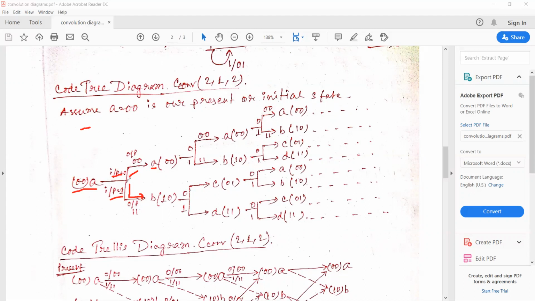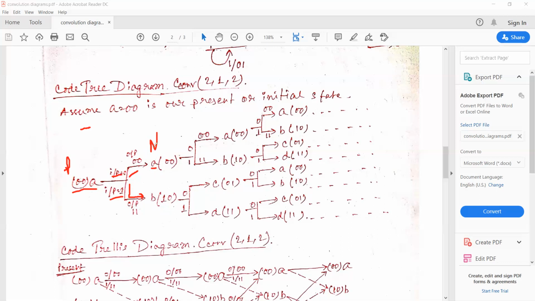As we have seen from the table, for input 0 and output 00, A is the present state, so the next state is A. So this is the present state and this is the next state. Also, A is the present state and the next state is B when 1 is given as input and output is 11.